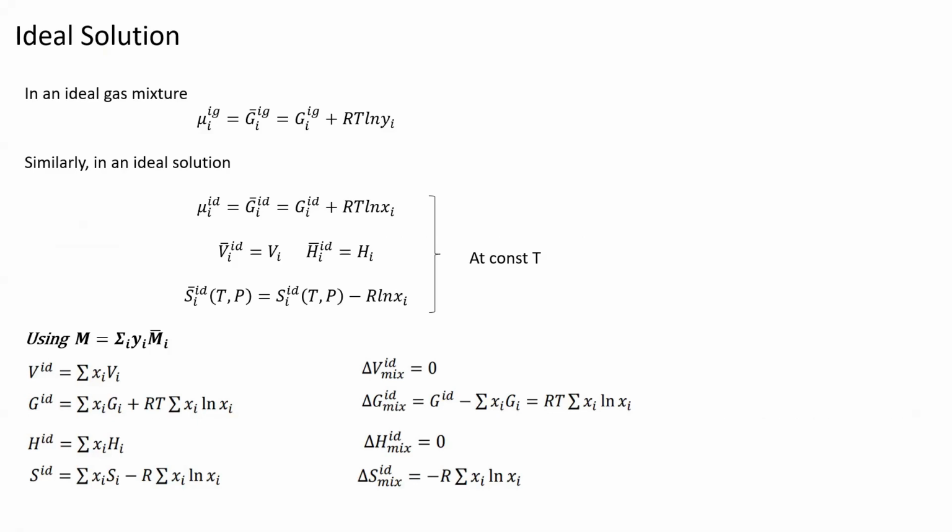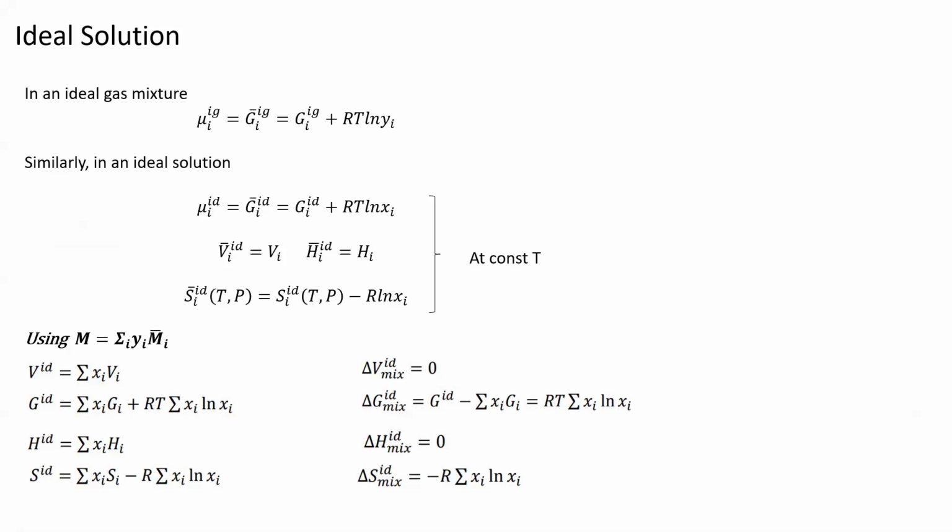And later, we were also talking about what will be the same for a solution. For ideal solutions, we don't have specifically an equation like PV equals RT for the liquid phases.